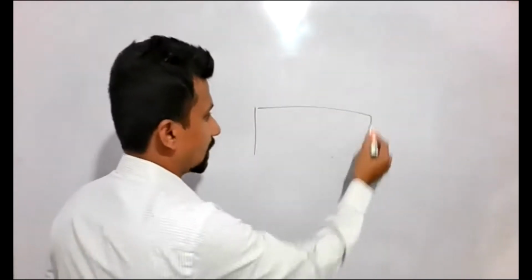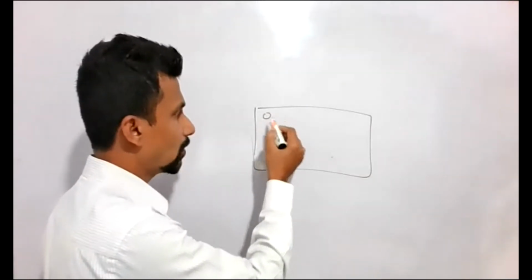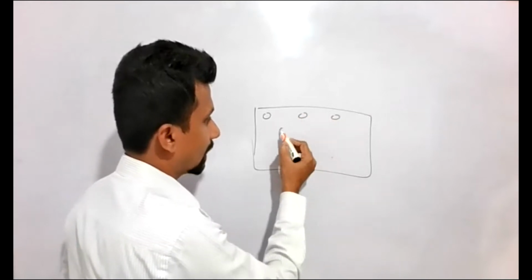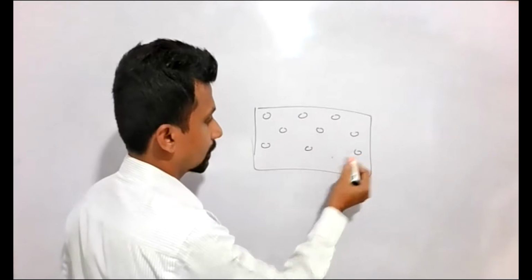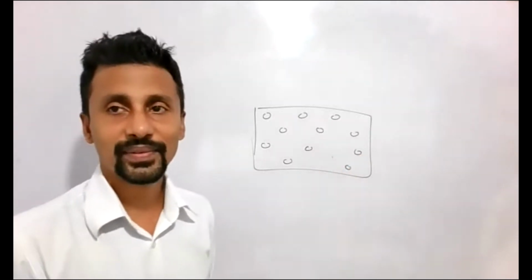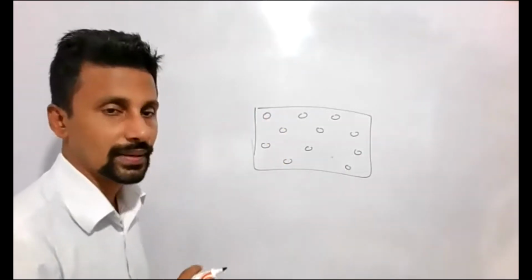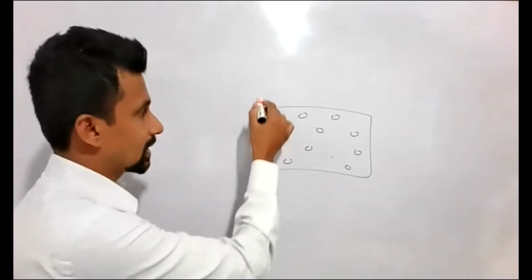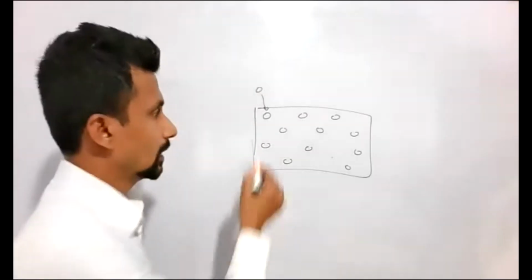Suppose you have a card something like this, and on the card you have holes in a kind of pattern. This is not the exact one, but this is the concept. Holes, for example, will equal 0.